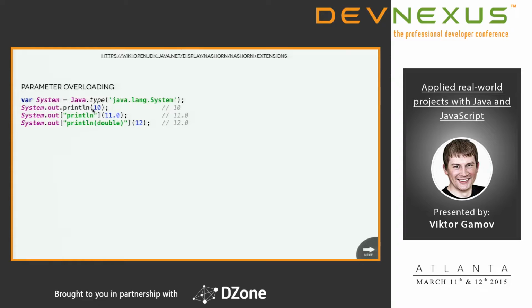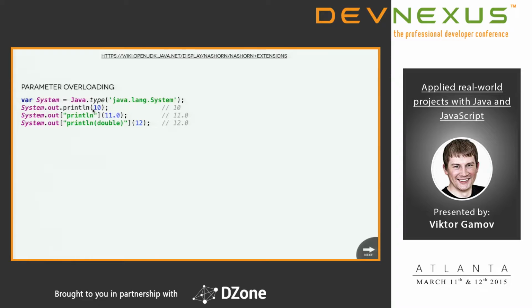The same, similar, right? So this is a standard way to do System.out.println, or you can do things like that because it's a method, and in JavaScript you can invoke a method using access to a property by name.